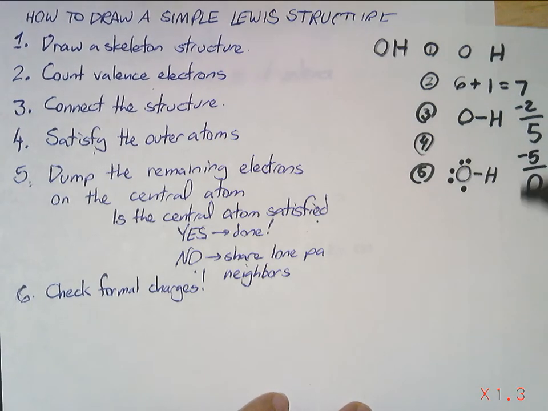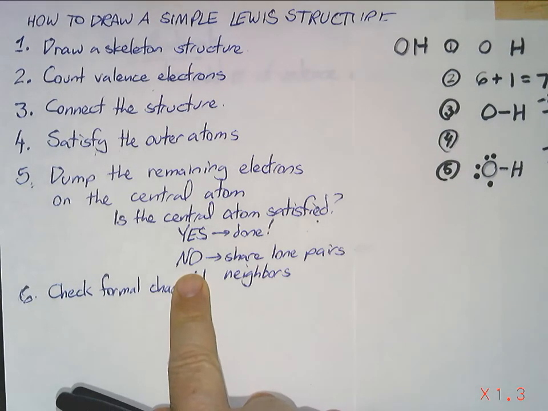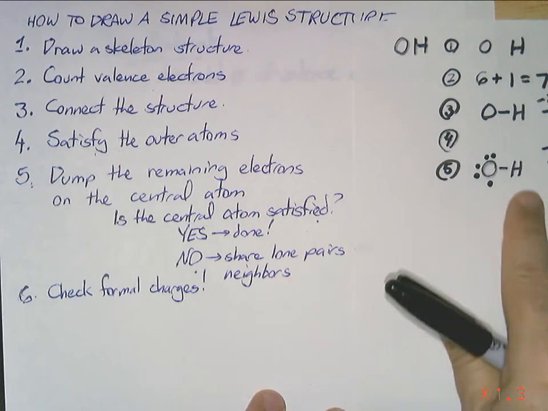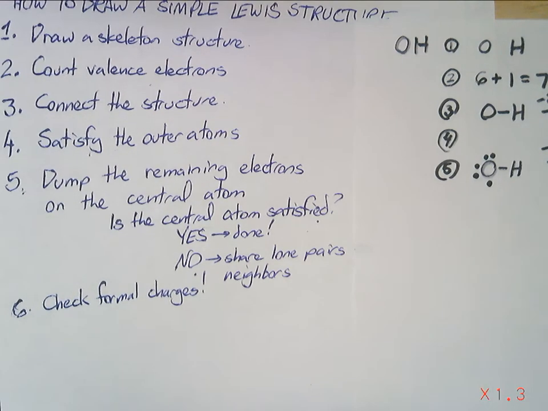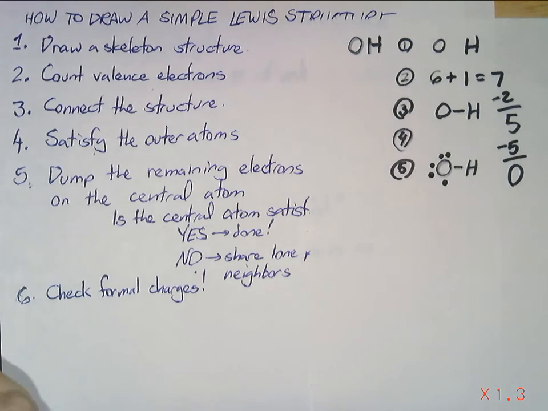But usually when it's not satisfied and I'm missing an electron, I can share lone pairs with the neighboring atoms. But there are no neighboring atoms with lone pairs to share with. So there's no way that I can make this structure any better. I'm stuck with this because I had an odd number of electrons. So this is the final structure for the OH free radical.